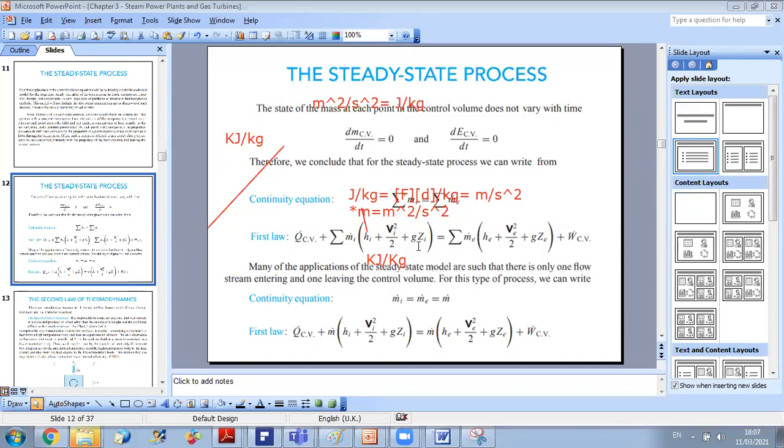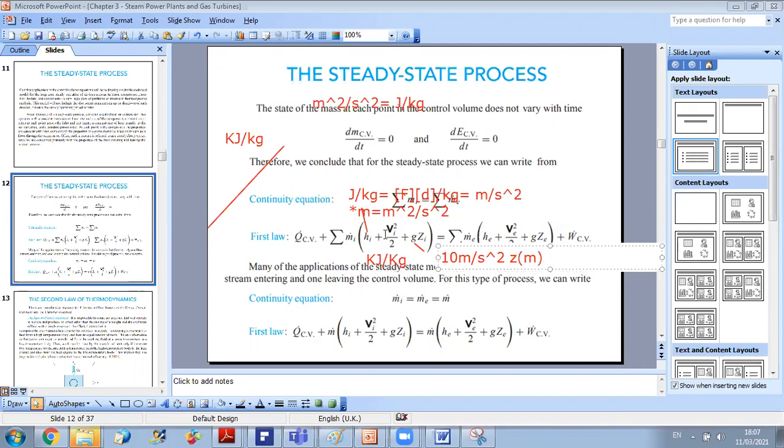Now, concerning g times z, here I don't have it, but in case I have it, g is, in general, I can use 10 meter per second square as the gravitational acceleration. And z should be in meter.